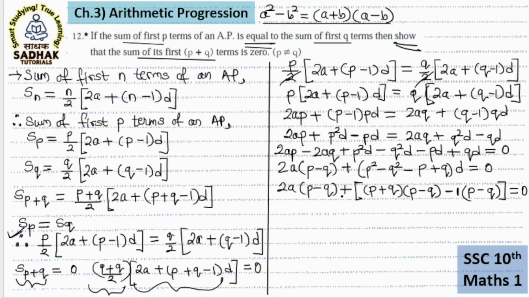Sorry, not 0. I have to write d first. I forgot to write d here. Okay, multiplied by d, that is common, right? So d is equal to 0.